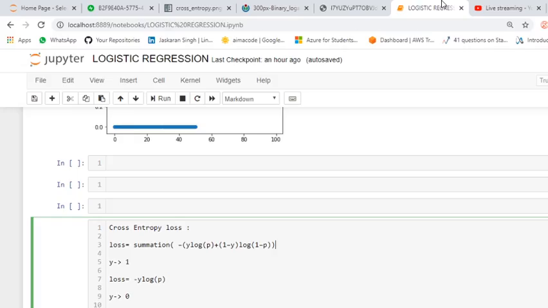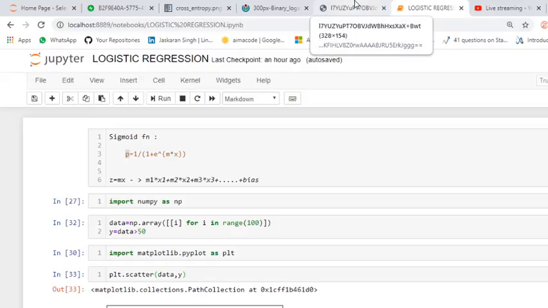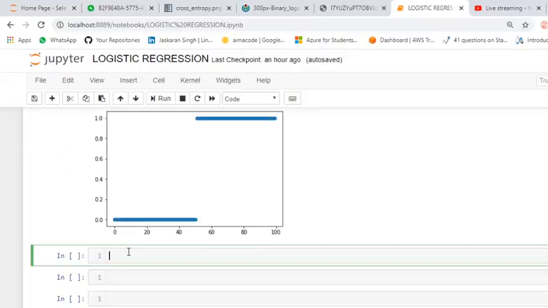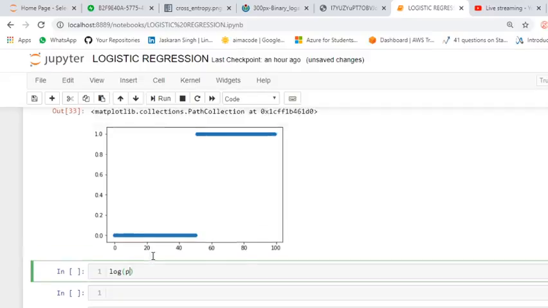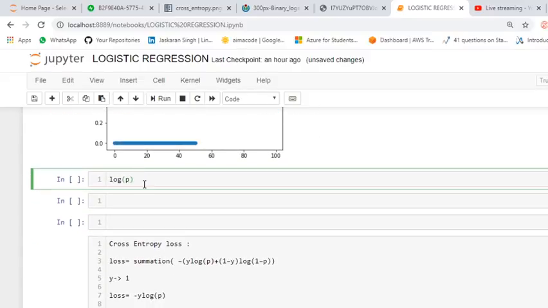We want that for true labels, the answer should be as near to 1 as possible. If it is equal to 1, then the loss should be equal to 0. So we can just have log of the probability, log of the value of p, which comes out after evaluating the sigmoid function.